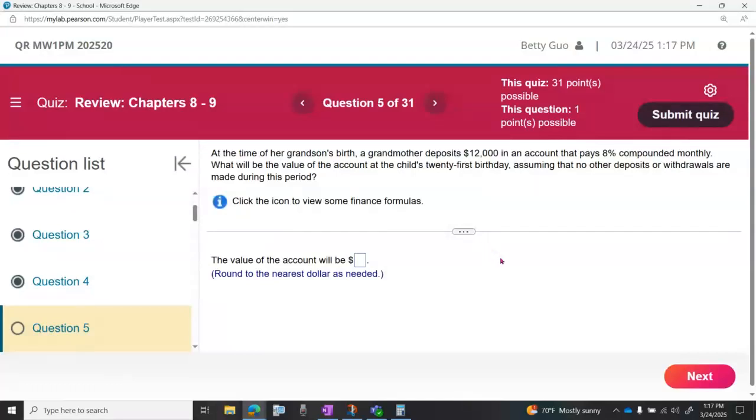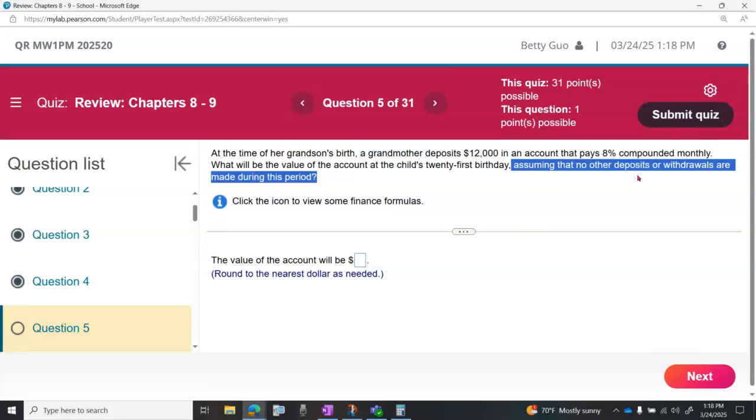At the time of her grandson's birth, a grandmother deposits $12,000 in an account that pays 8% compounded monthly. What will be the value of the account at the child's 21st birthday, assuming that no other deposits or withdrawals are made during this period?